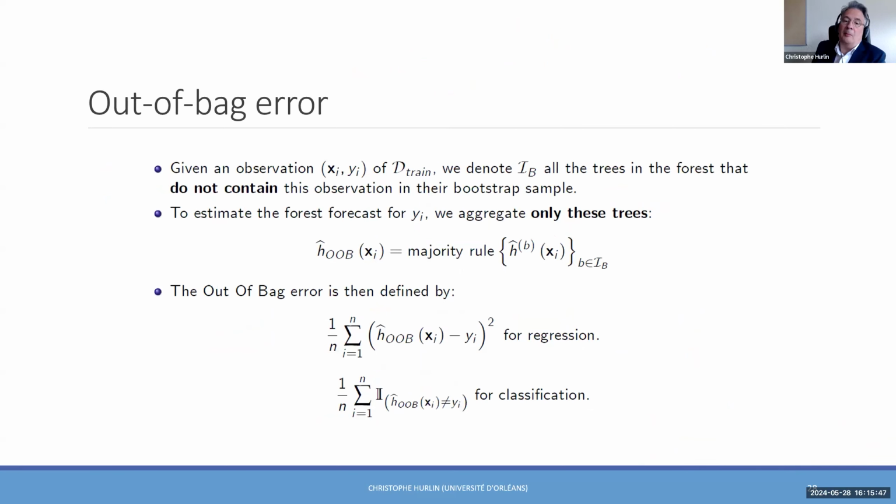So the out-of-bag error will be defined, for instance, with the MSE, mean square error, for the out-of-bag forecast for regression. And for classification, we count the situations for which the forecast is different from the true value, divided by the number of out-of-bag forecast errors that I can compute within my sample.